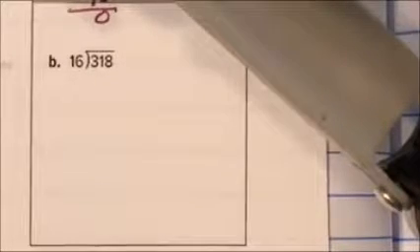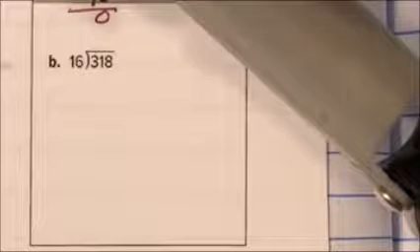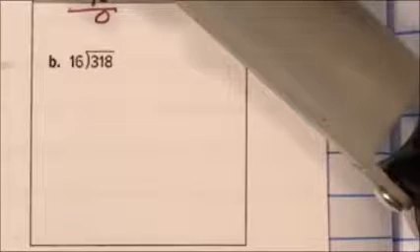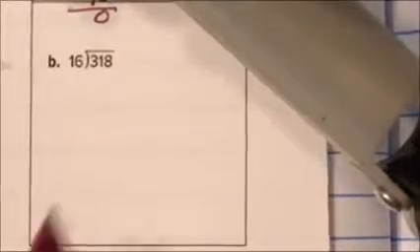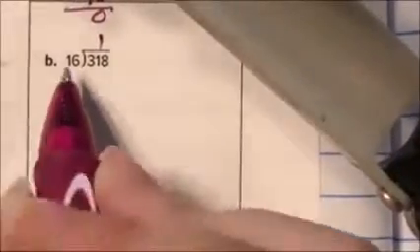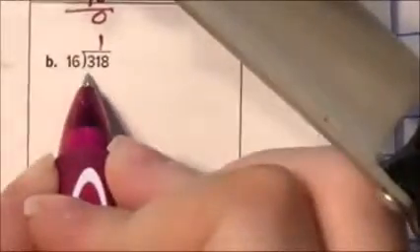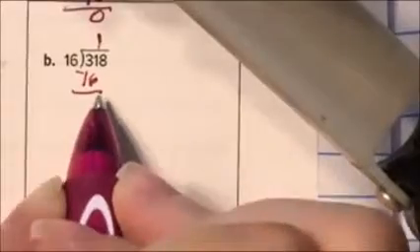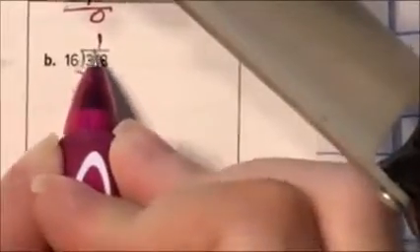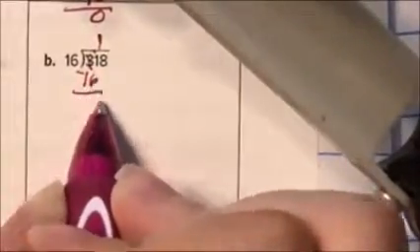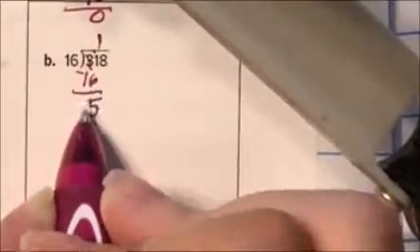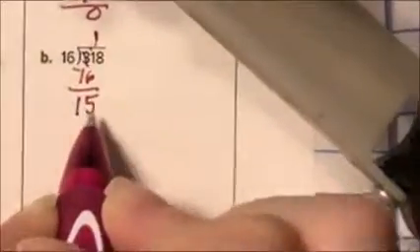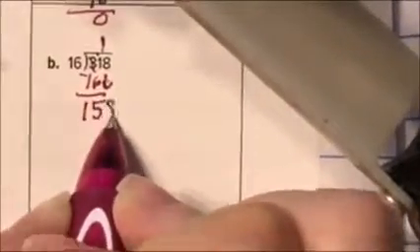Then I ask myself, how many times can 16 go into 31? 16 can go into 31 one time. 1 times 16 is 16, and I subtract. When I borrow, 11 minus 6 is 5, and 2 minus 1 is 1. I bring down my 8.